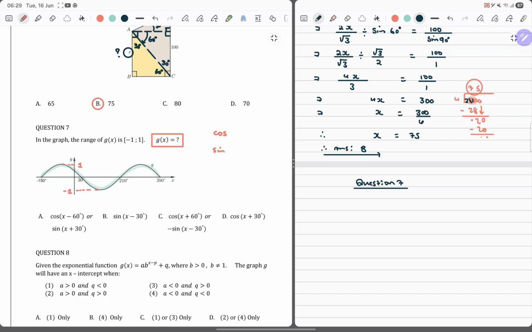Nice and easy. Now let's have a look. How would this be a cos graph, if we say this is a cosine graph? Now, folks, we know that cos of 0 should give us a maximum. But now we can see our maximum has shifted some units to the left. Although we may not know what that is for now, we also know that this x-intercept should have been at 90 somewhere, but now it has shifted to the left so that it sits at 30 degrees.